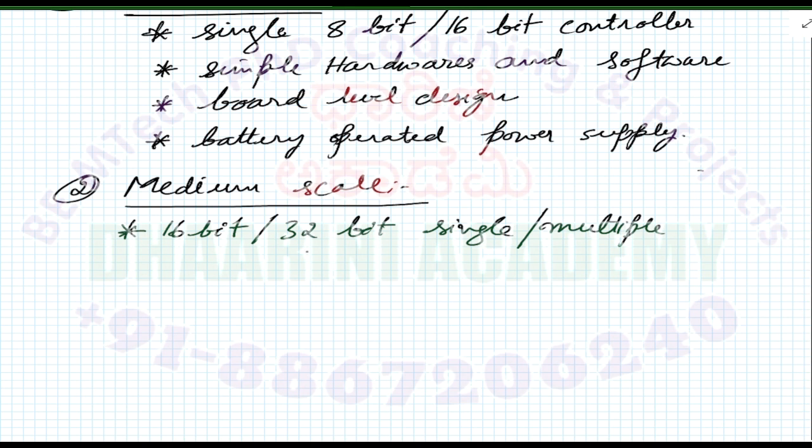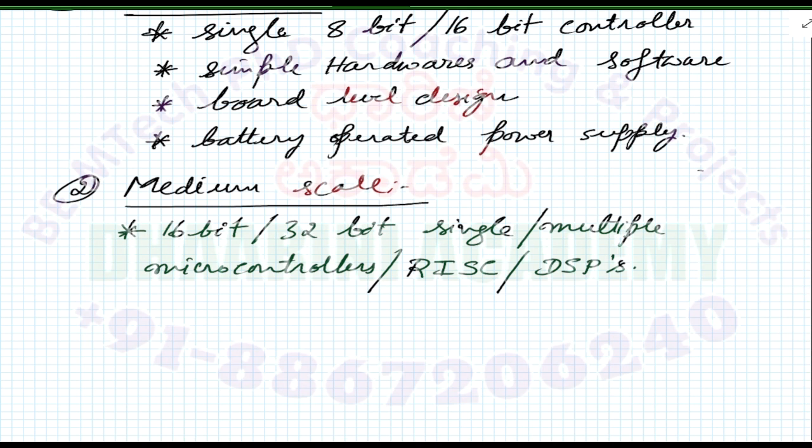But now you can use 16 or 32-bit single or multiple microcontrollers, or you can use a RISC machine. They are a separate type of advanced computing device, or you can also use much more advanced devices such as DSPs. You can use any of them, single or multiple. That's why this is the medium scale.